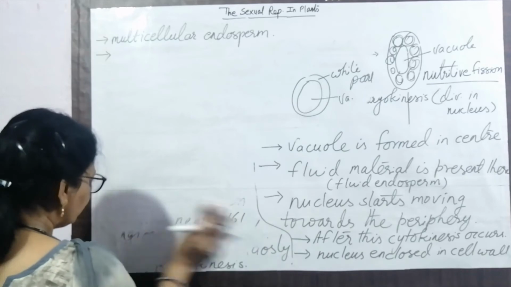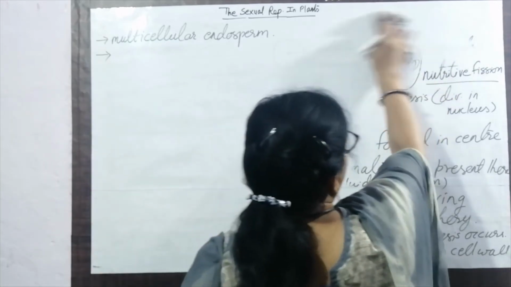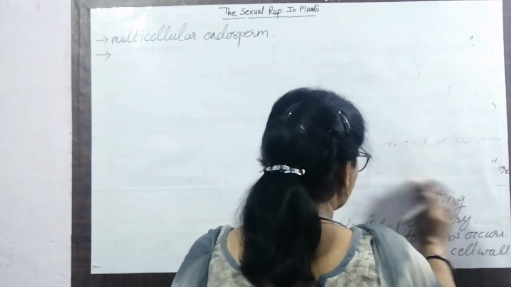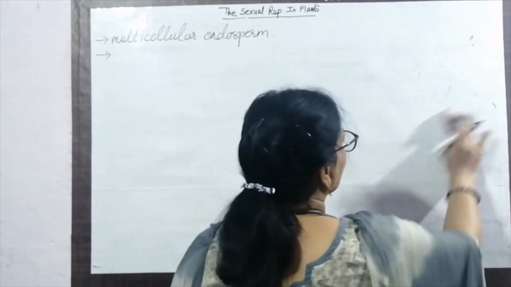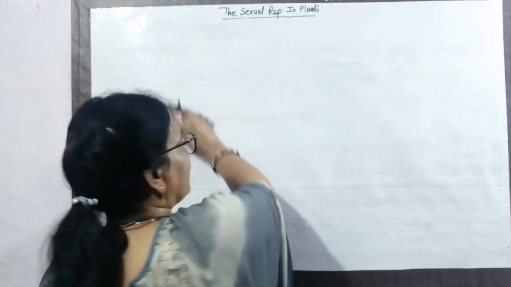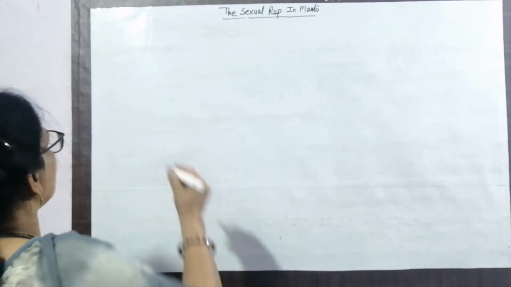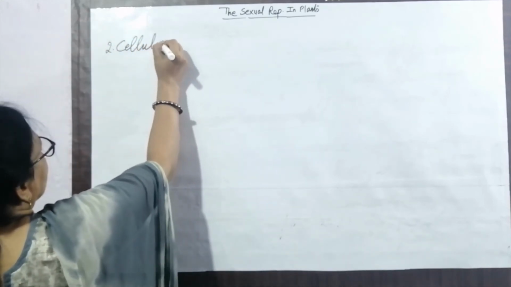I already told you there are three types of endospermic development. The common method is this one, present in about 161 families. But two more methods are there. One is the cellular endosperm.